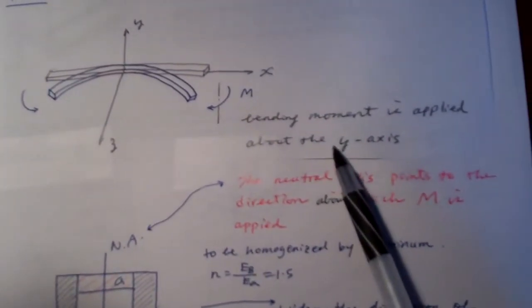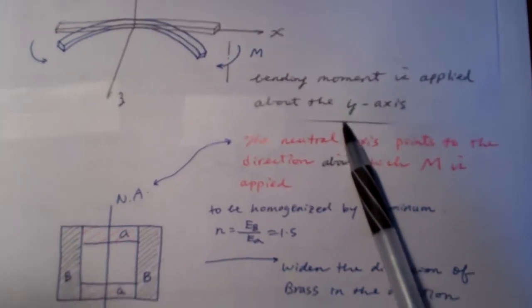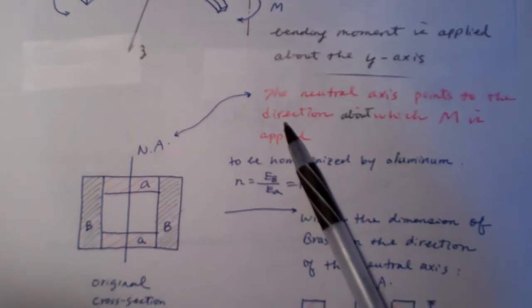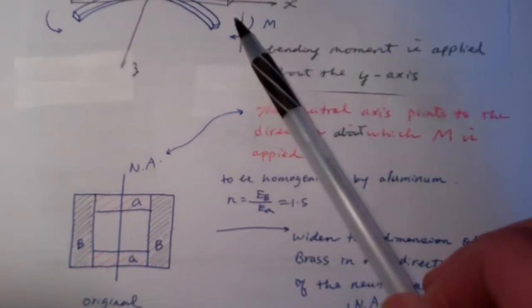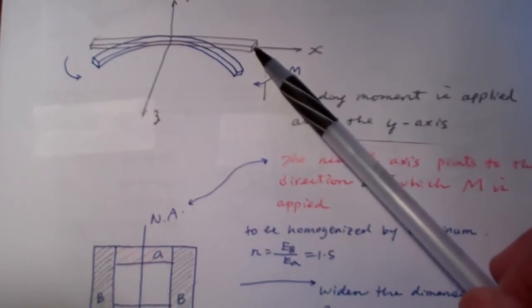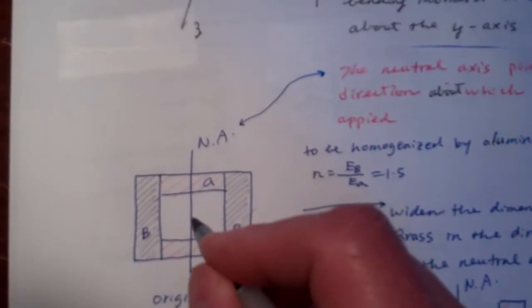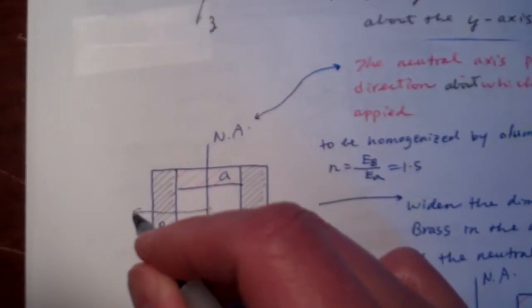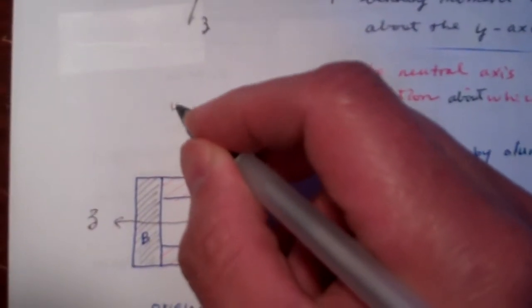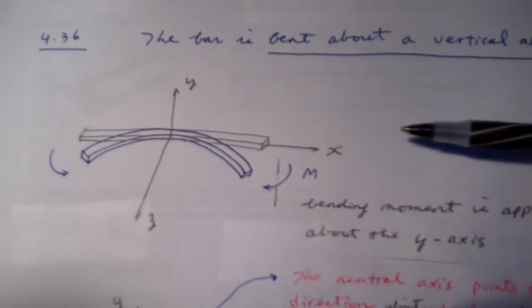Now the bending moment about the y-axis defines the direction where the neutral axis is pointing. If we draw the cross section, looking at a small piece, this is the z direction and upward is the y direction, which means you look at the beam from this viewpoint.